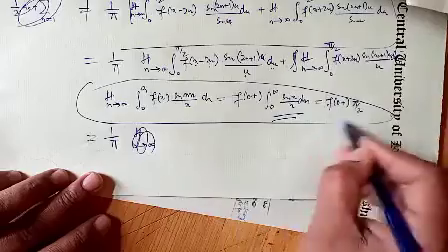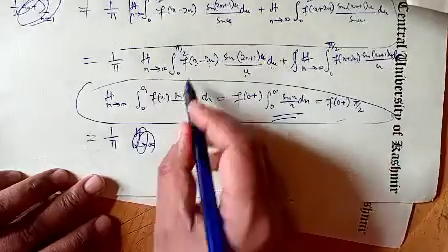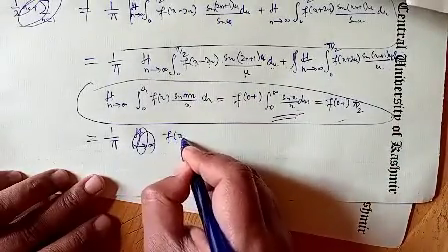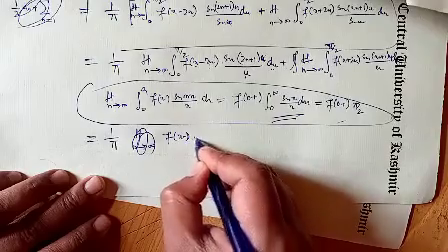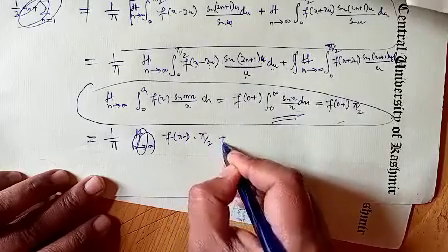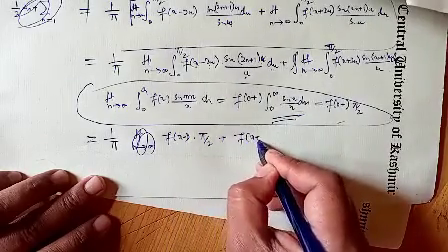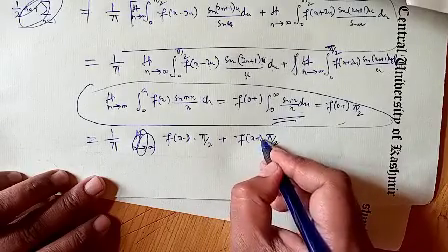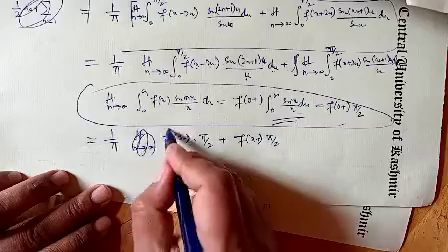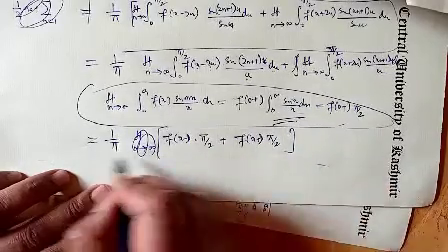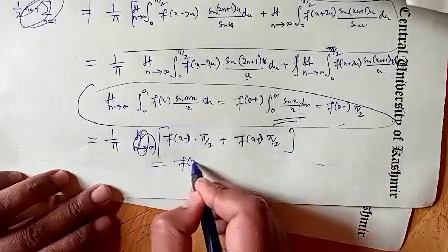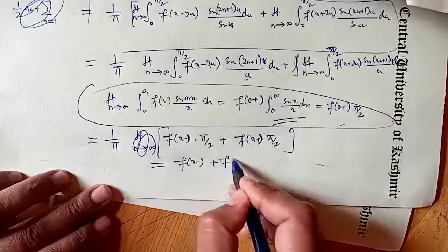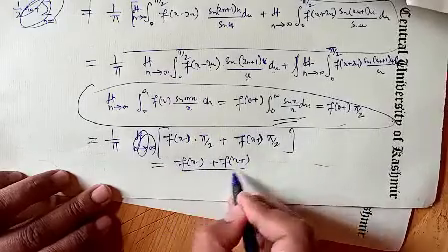Oh, I can just do away with the infinity. This would be just f of x minus into pi by 2 plus f of x plus into pi by 2. So just take pi out, so it would be just f of x minus plus f of x plus divided by 2.